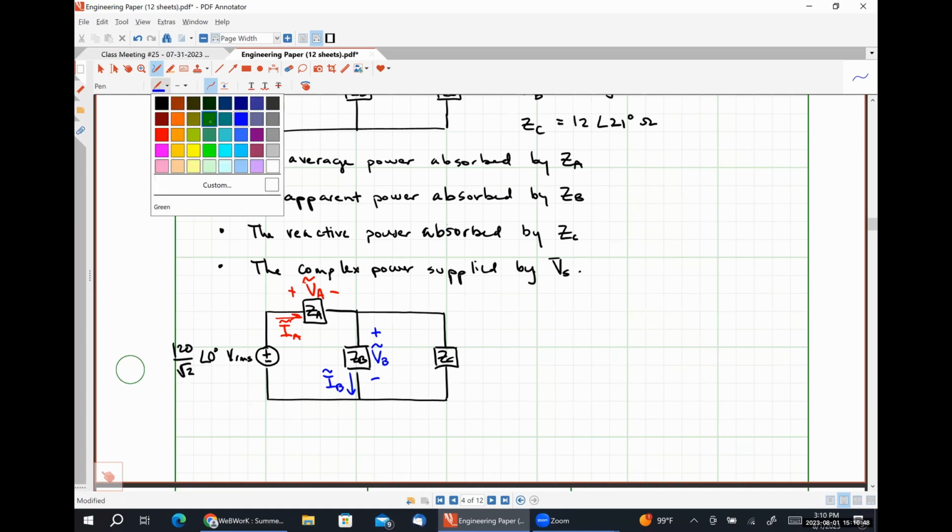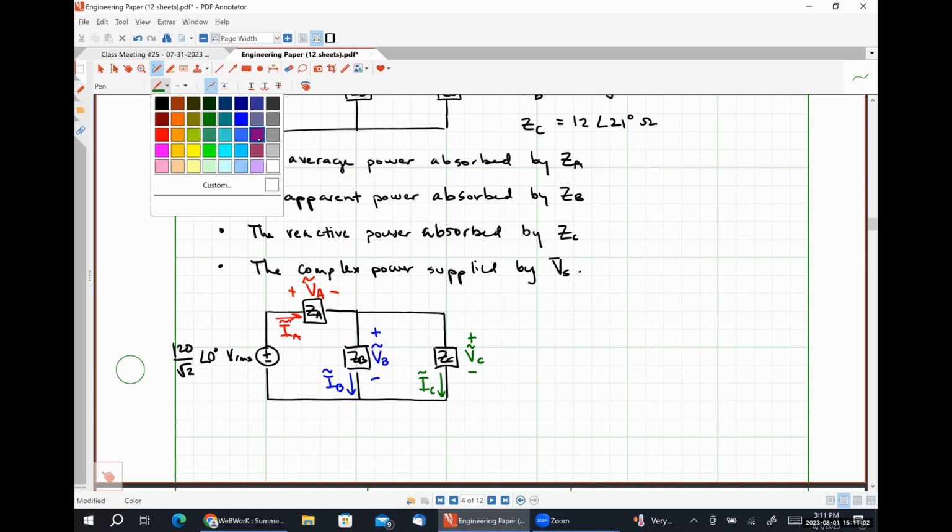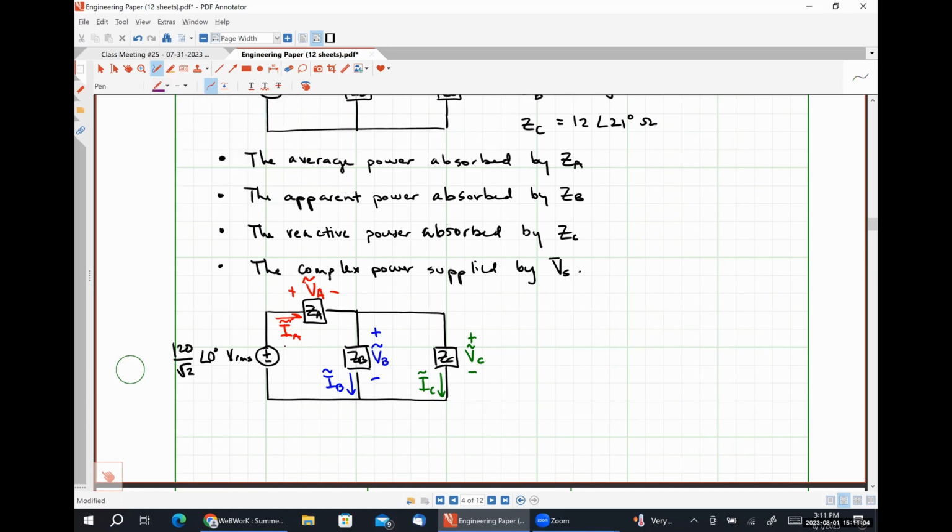And similarly for C, I'm going to need the voltage drop across C and the current flowing through C. Lastly, for our source, I'm going to need the voltage drop across our source, and because I want power supplied, I'm going to use the current flowing into the negative polarity terminal, IVS, like so.